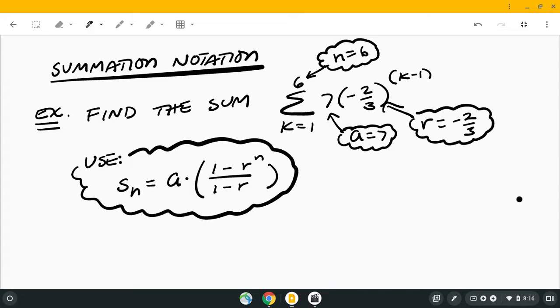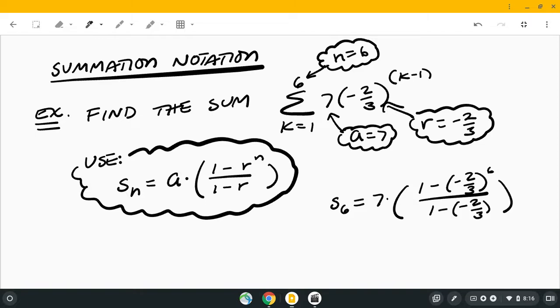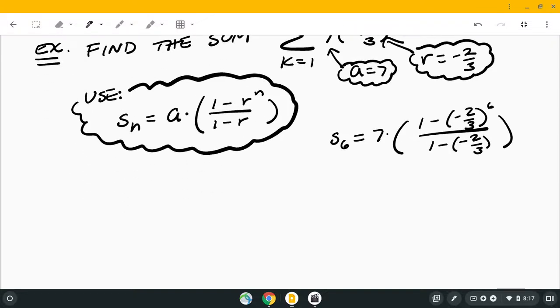So the sum of our first 6 terms, which is what this is asking us to find, is equal to a, which is 7, times 1 minus r to the n, which is 6, all over 1 minus r. And when you punch this in, we get 931 over 243.